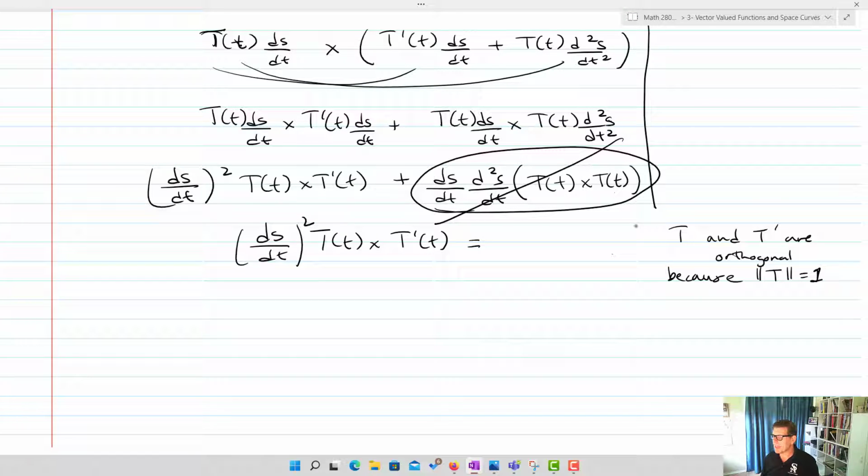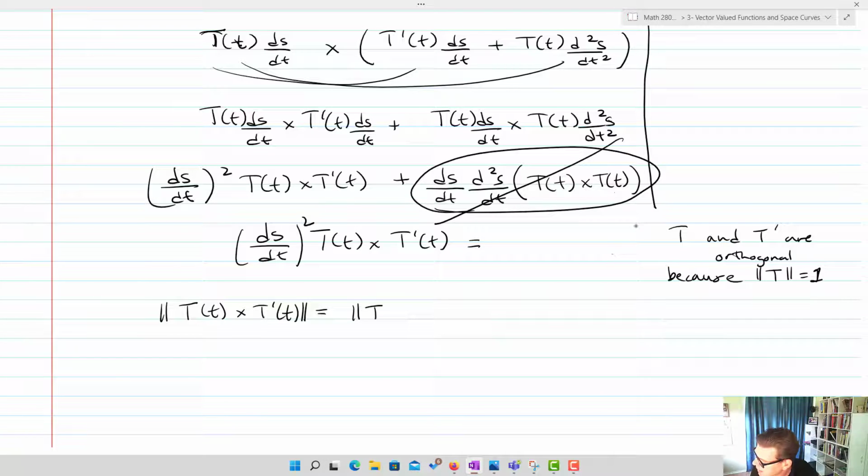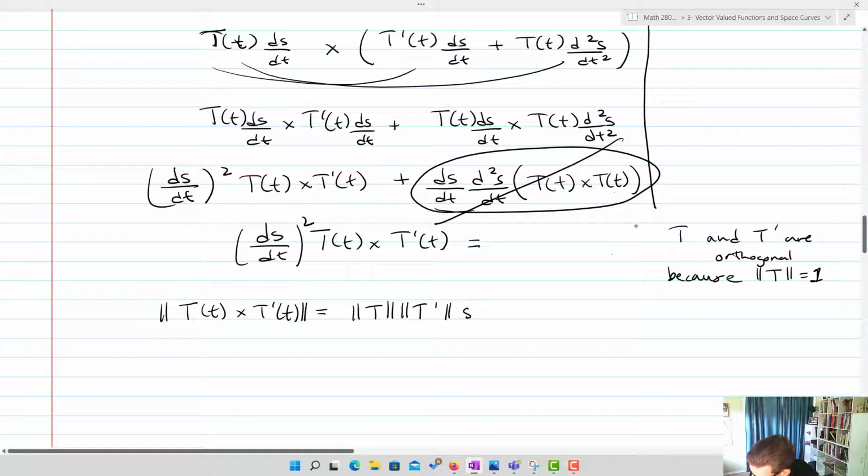So what that means is that the magnitude of T crossed with T'(t) is going to equal the magnitude of T' times sine of pi over 2.